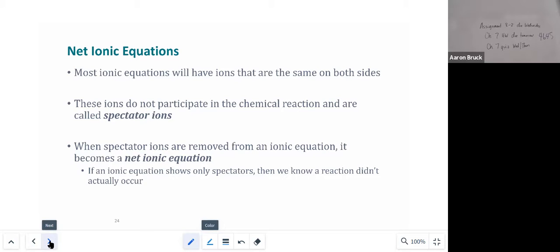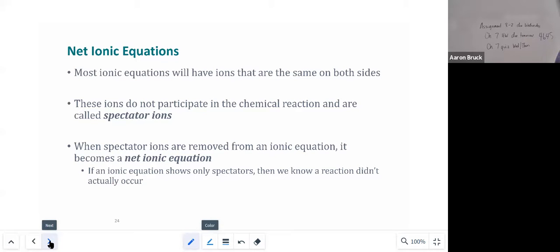Anytime that happens, what we are viewing is something called a spectator ion. Spectator ions are exactly what the name implies. Just like spectators at a sporting event or at a theater production, concert, whatever, they sit and watch. They don't actually participate.